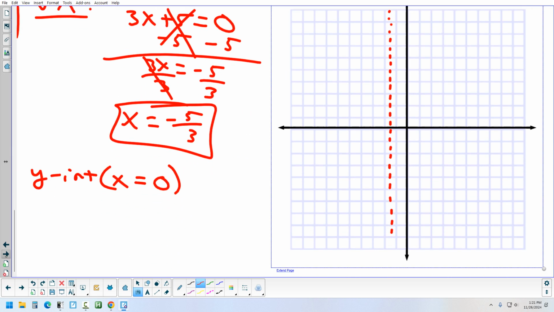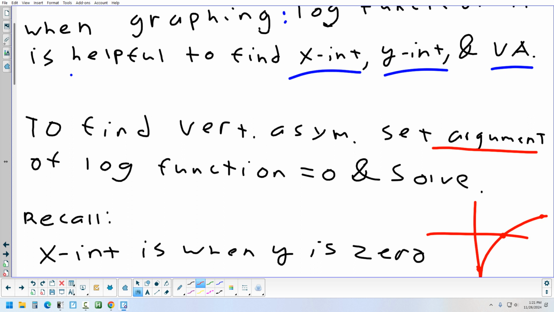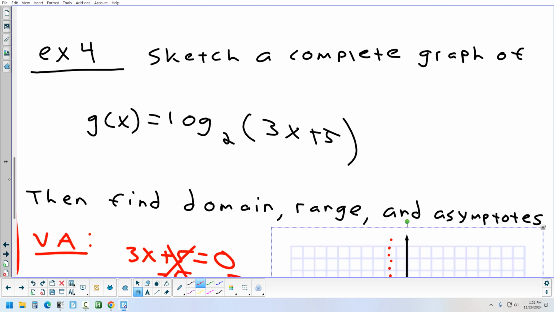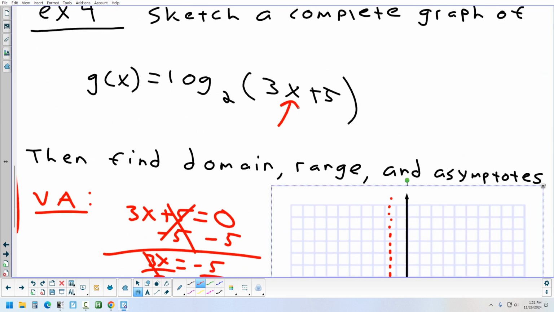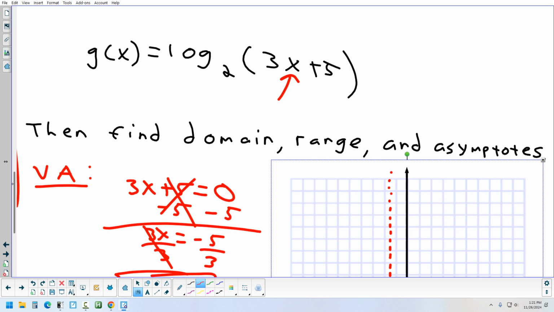Right. So let's do that. Plug in 0 for x. Okay, well, if I plug in 0, what's 3 times 0? 0. 0, and then plus 5. 5. So I have 5 in the parentheses. Everything else stays the same. So it's log base 2 of 5.